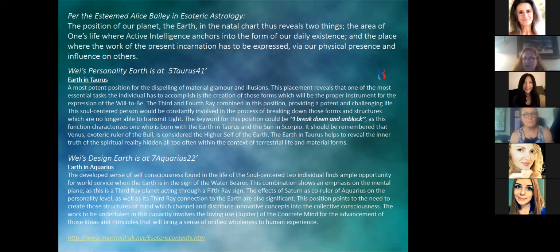This combination shows an emphasis on the mental plane. I mean, this is so poetic. It so totally fits in with everything we've just learned about your specific path. But emphasis on the mental plane, third ray planet acting as a fifth ray sign. The effects of Saturn as a co-ruler of Aquarius on the personality level, as well as its third ray connection to the earth, are also significant.